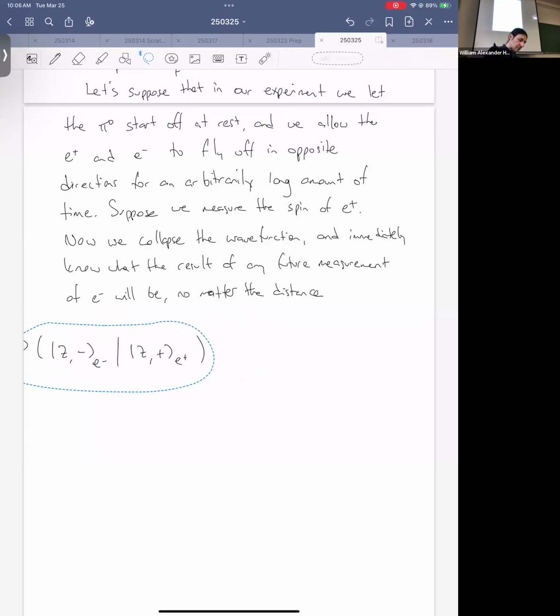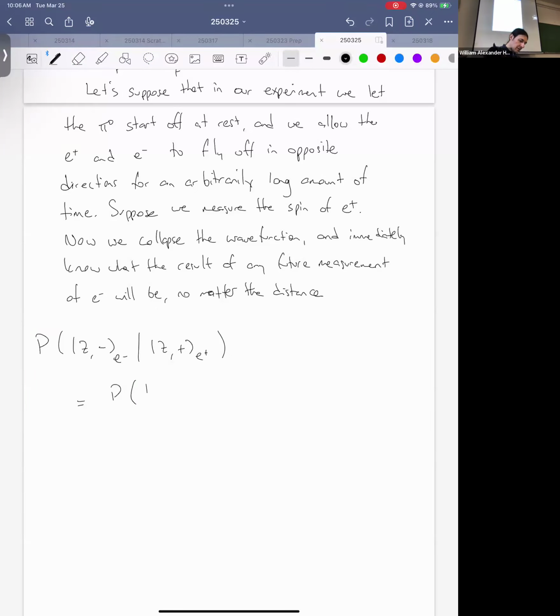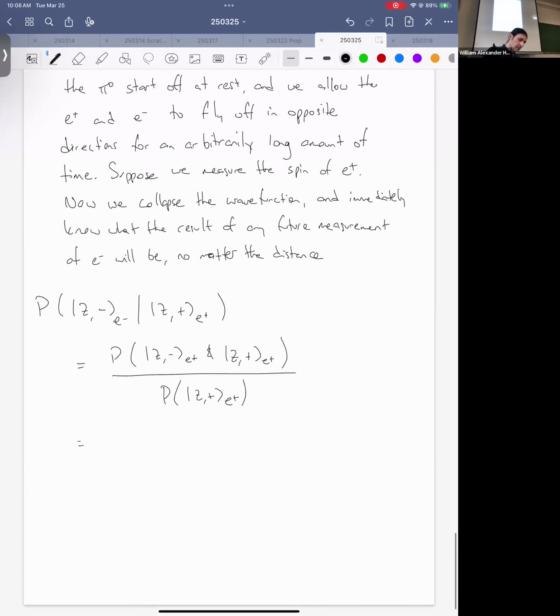In general, a conditional probability: the probability of A given B is the probability of A and B divided by the probability of B. Now, what's the probability of measuring E plus to be positive?